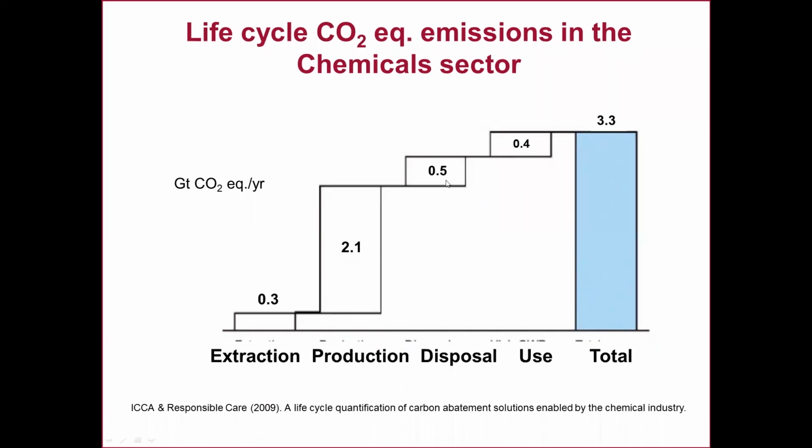Also, those chemicals, once we dispose of them, can cause impact during the use and disposal. The use stage is more common to some chemicals such as CFCs or refrigerants, which are released into the environment during use and have higher impact. In disposal, the impact can occur if we incinerate some of those chemicals, either to produce energy or just to dispose of them, and those emissions would occur during those stages.